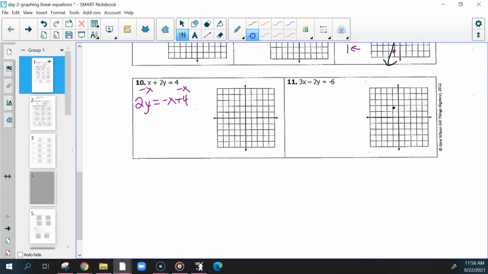And then divide everything by 2. You're going to get y equals, you can either leave this as negative x over 2 or make it negative 1 half x, those are the same thing, plus 2.